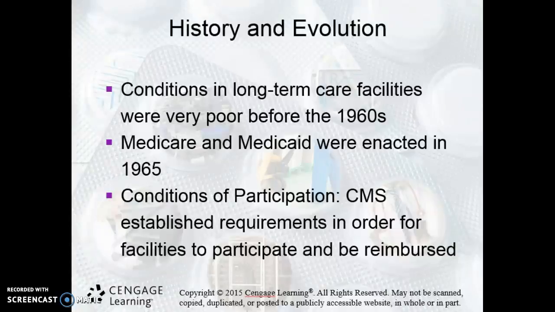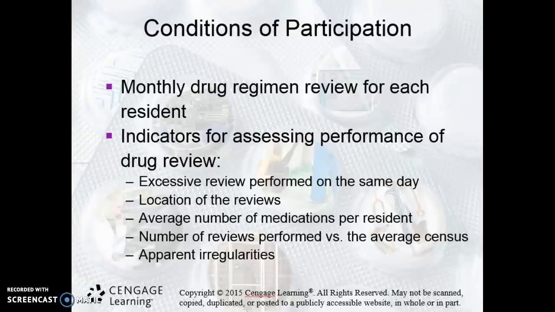So Medicare and Medicaid were originally enacted back in 1965. And the CMS establishes requirements in order for a facility to be able to participate and be reimbursed for patients that are Medicare and Medicaid. So some of the conditions of participation are listed here.